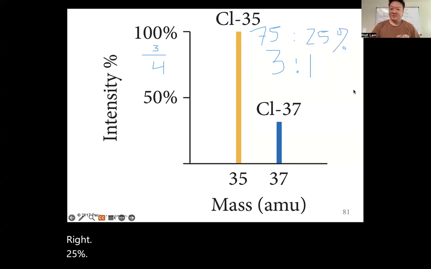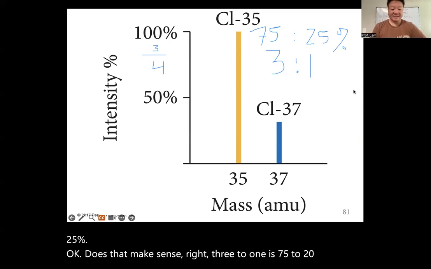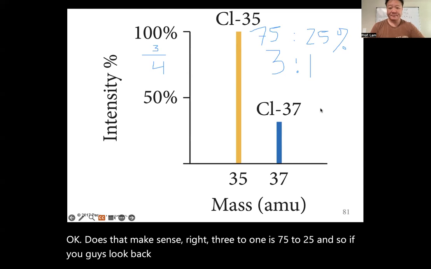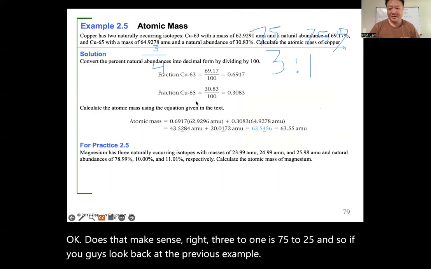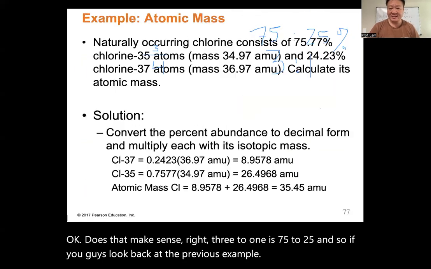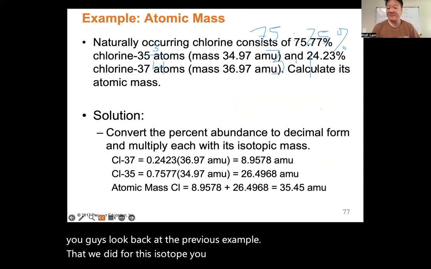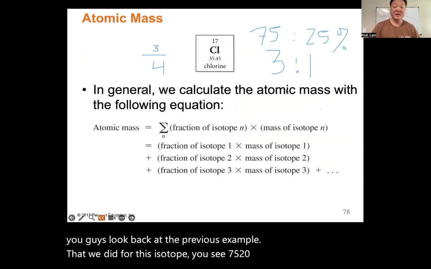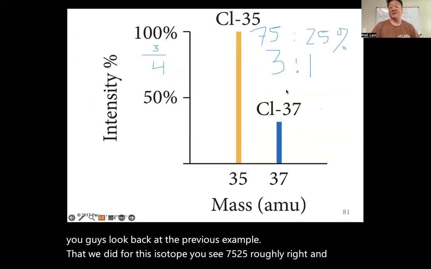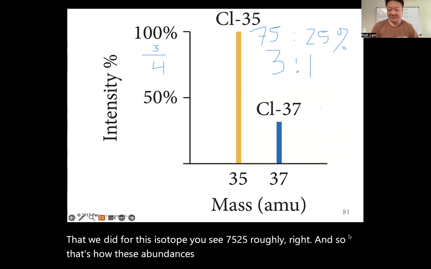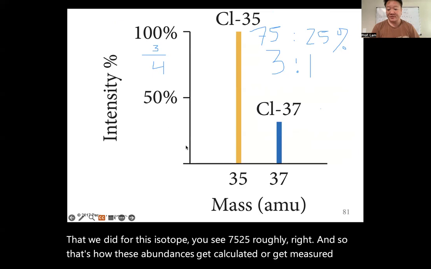Does that make sense? 3 to 1 is 75 to 25. If you look back at the previous example that we did for this isotope, you see 75, 25 roughly. And that's how these abundances get calculated or measured using mass spectrometry.